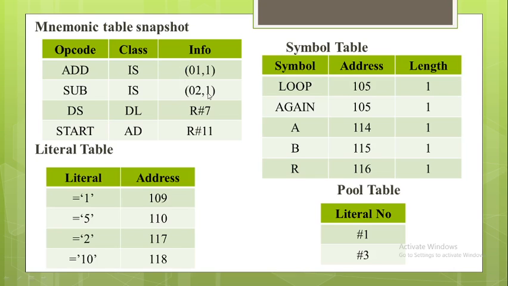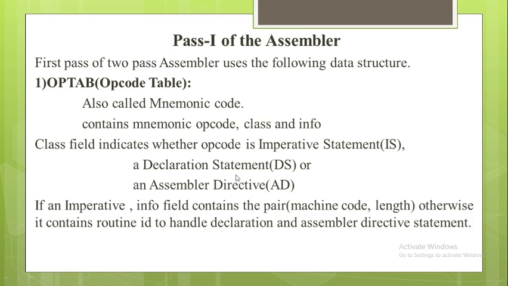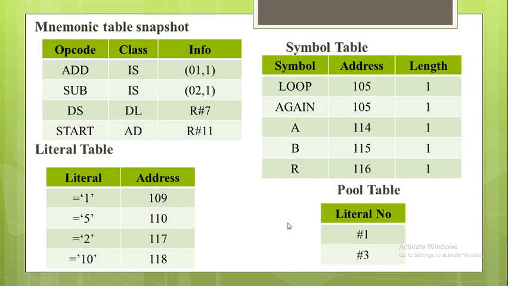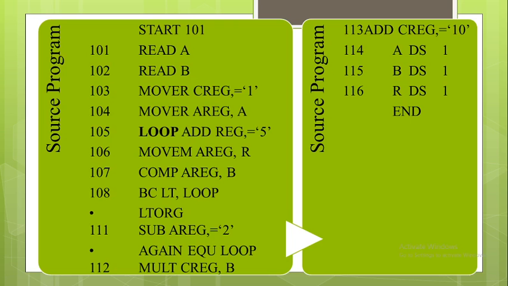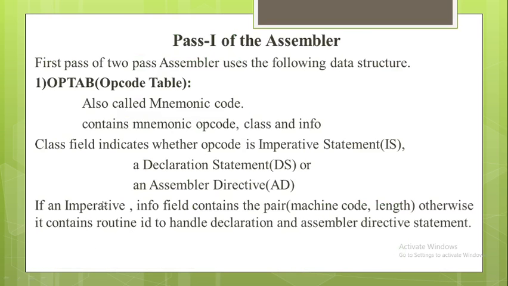Now, as I told you, if the opcode is a declarative statement, it contains a routine ID to handle the declaration and the assembler directive statement. So, if it is a DS, it will be considered as the class DL, and here we are going to mention a routine number which is going to handle the declaration and the assembler directive statement.